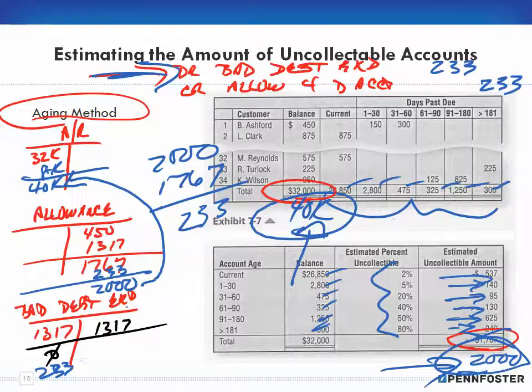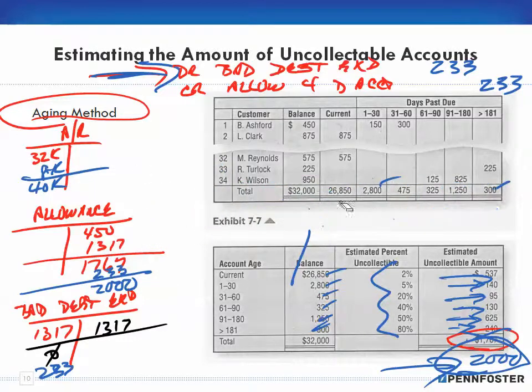Now realize that, just like if you were watching the previous video for the percent of sales method, notice that the balance here, let me erase this line here. Okay, let me get rid of this, and I can get rid of all of that.